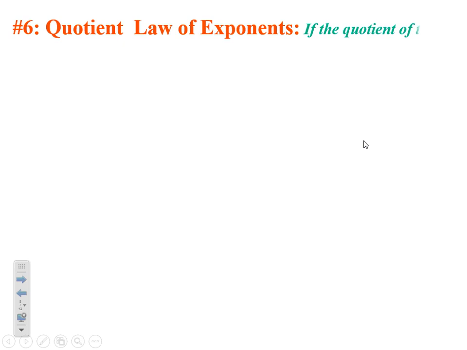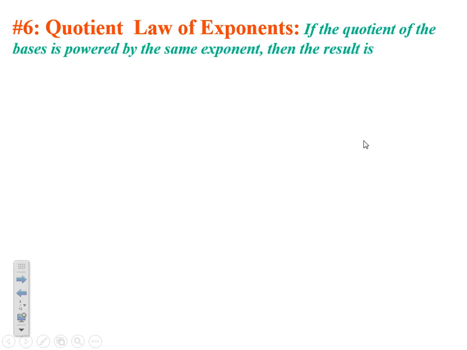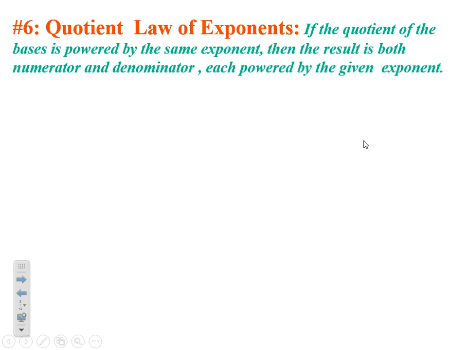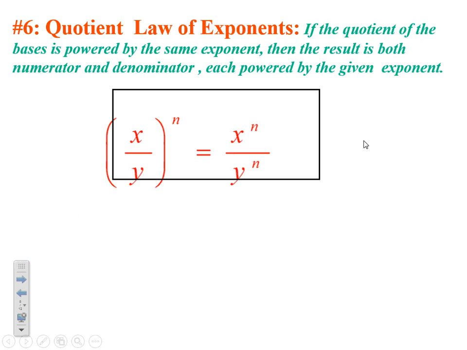All right. Law number 6, quotient law of exponents. If the quotient, which means we're dividing, of a base is powered by the same exponent, then the result is both numerator and denominator, each powered by a given exponent. So in terms of variables, this is what it's going to look like.